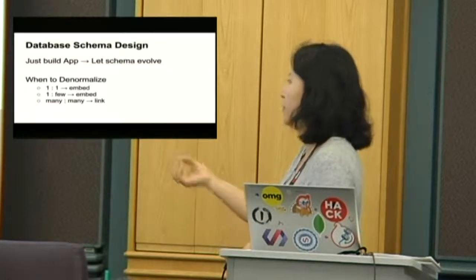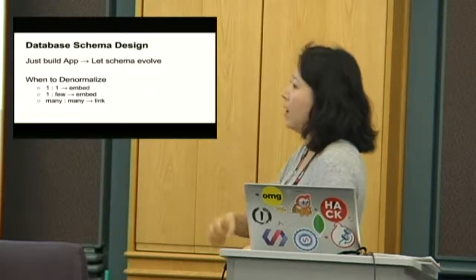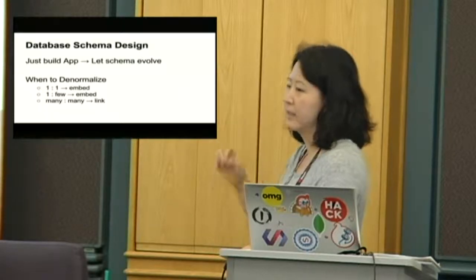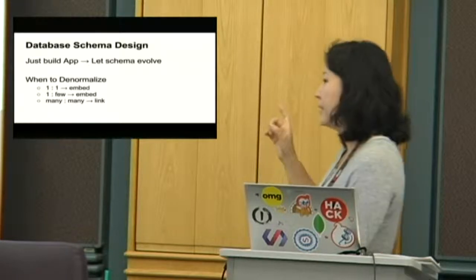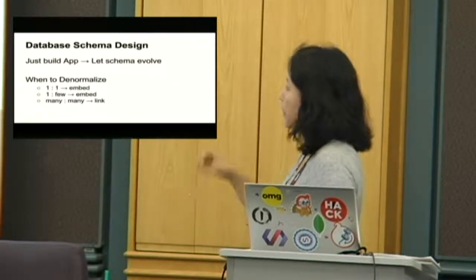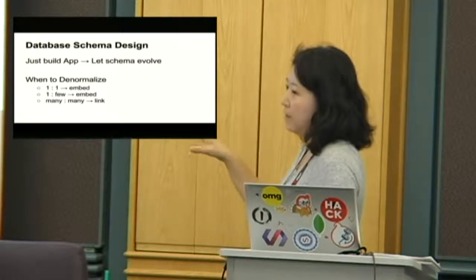With NoSQL, it's JSON documents, so you try to nest your collections. If you have a one-to-one relationship, you embed. If you have one-to-many, but really one-to-few because there's a 16 megabyte limit to your objects, you would embed your collection.